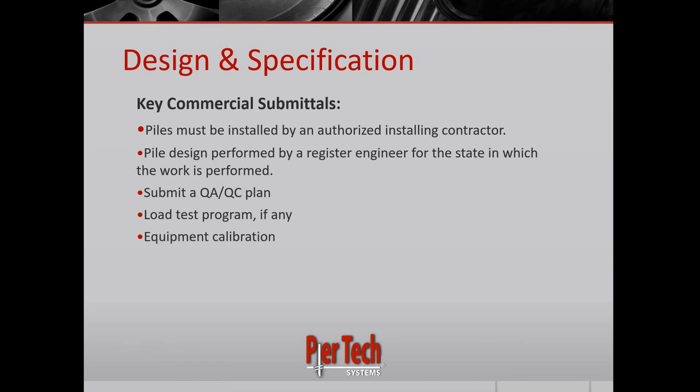Next is equipment calibration. So sometimes they'll require that the torque drive or the torque monitor is calibrated for the project. And that calibration, they'll want that done within the last year of the project.